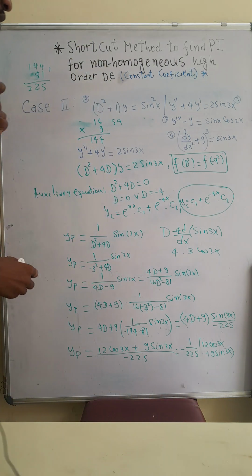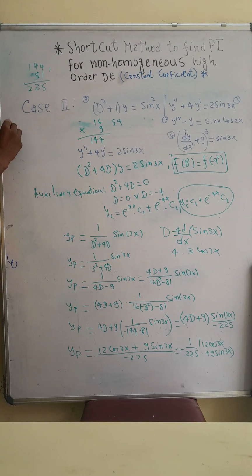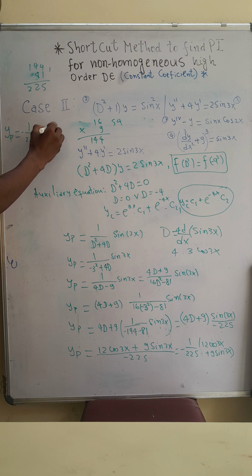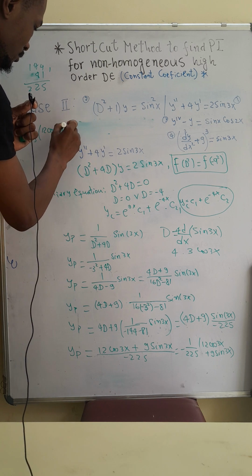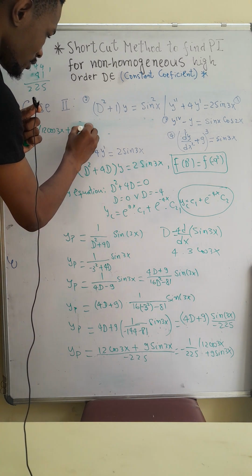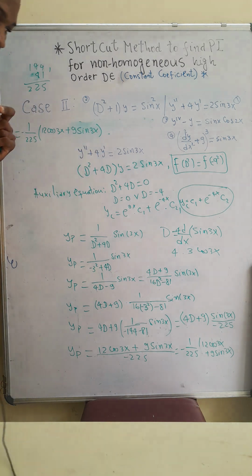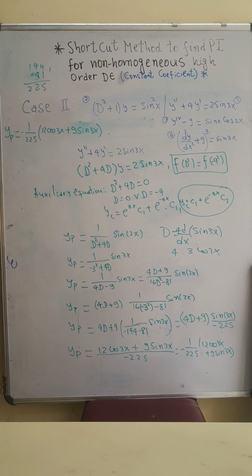Okay, this is your yp. I will write here yp will be minus 1 upon 225, and here 12 cosine of 3x plus 9 sine of 3x. That's the expression.